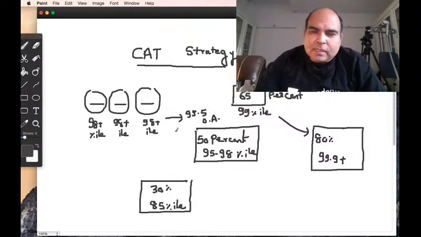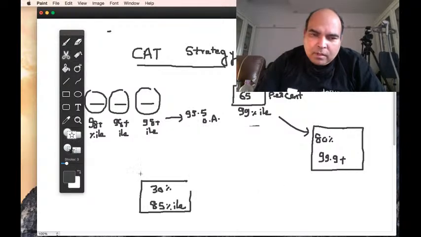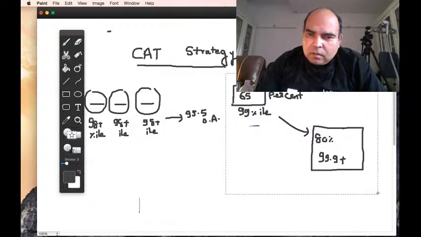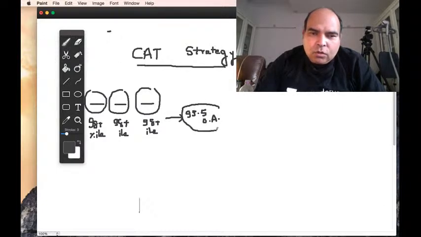And why this is important is because a lot of people feel that 99.5, 99.7 is very tough for them. It might be. It's very tough because if you want to be a 99.5 percentiler in CAT, you need to be in the top 1000.